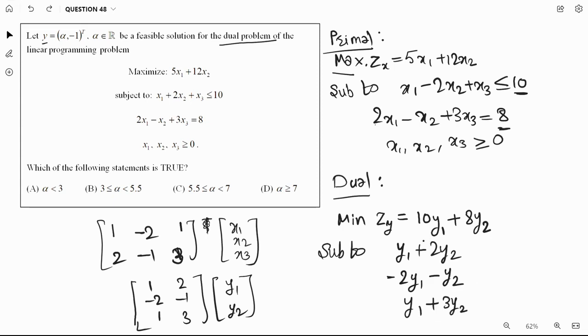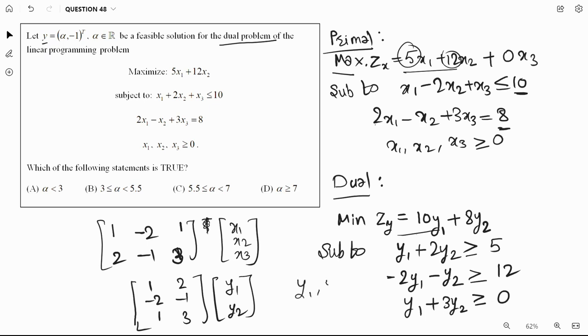When we were finding the coefficients in the objective function in the dual, we used the RHS of the constraints of the primal. Likewise, to find the RHS, we will use the coefficients in the objective function from the primal problem. In a minimum problem the constraints will be greater than or equal type, right? So this is 5, the second will be 12, and since there is no x3, we take it as 0x3, so 0.